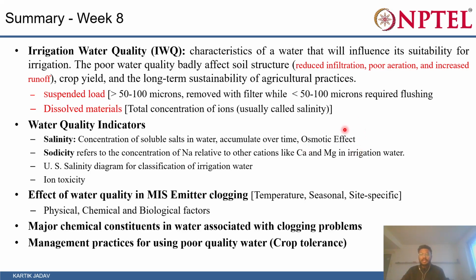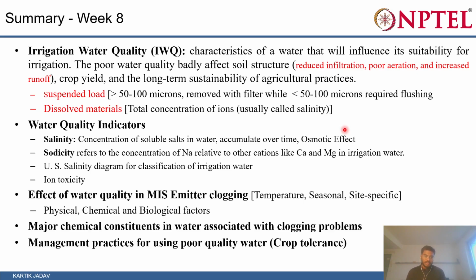Osmotic effects generally develop a condition that fights with the plant for water. If a plant wants to take up water from the soil, and there is a higher salt concentration in your soil, it fights with that water and won't allow the plant to take water.